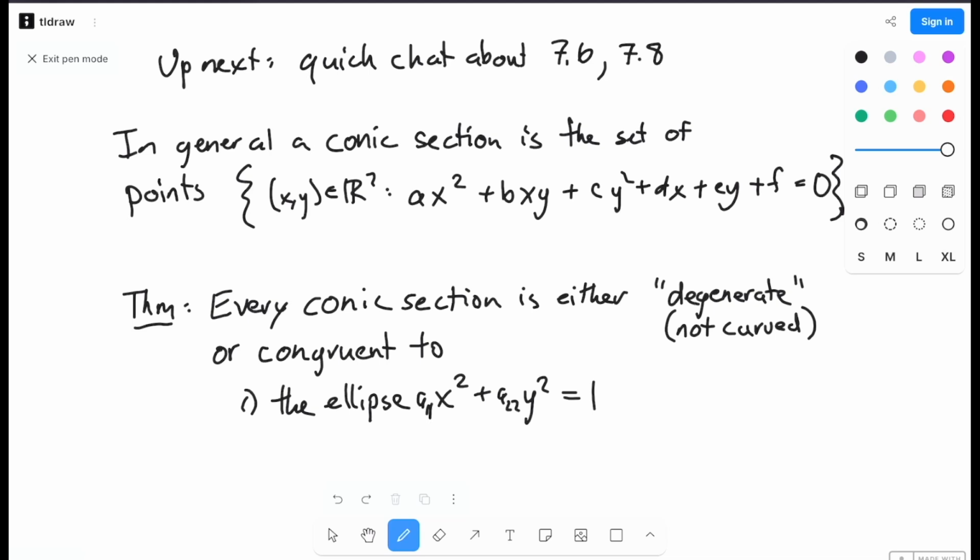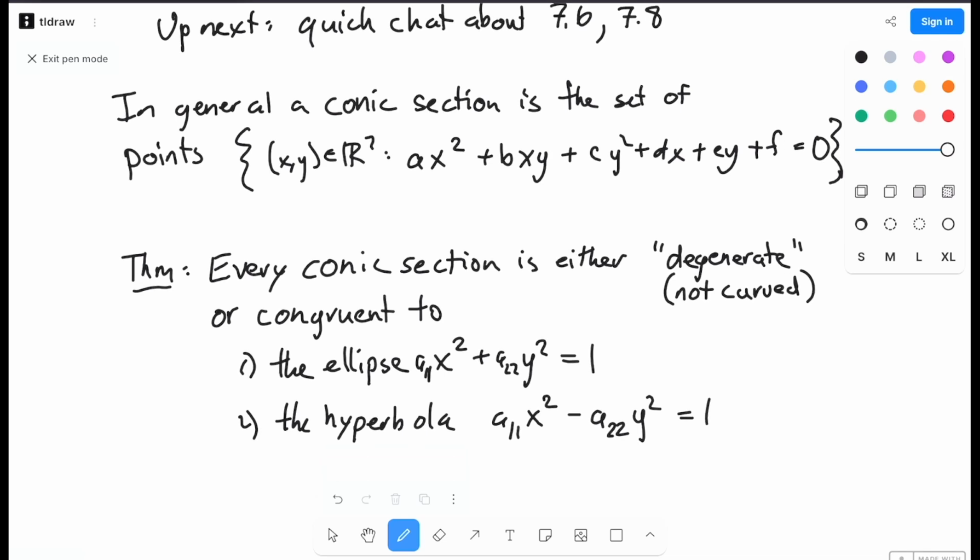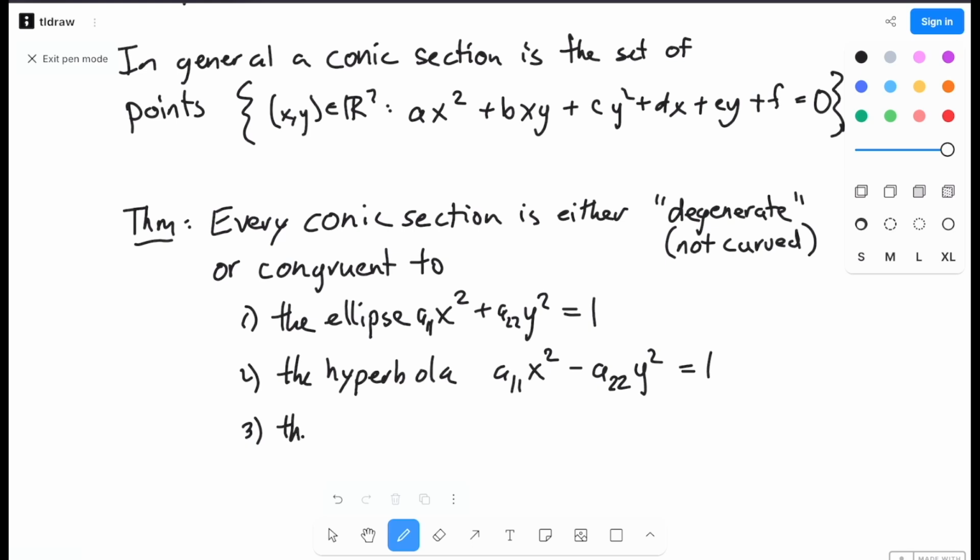Or the hyperbola a1 x squared minus a2 y squared is equal to 1, or the parabola. And I think we can get away with a1 x squared plus or minus x.